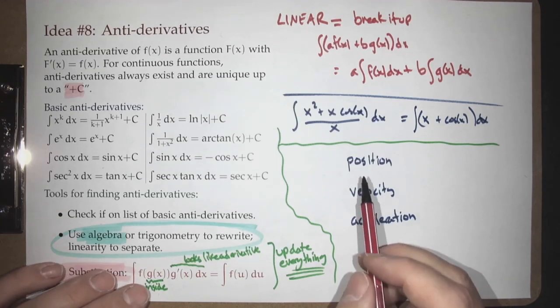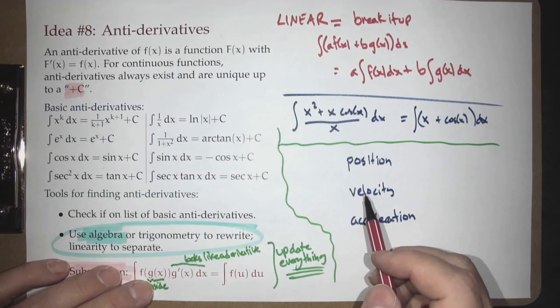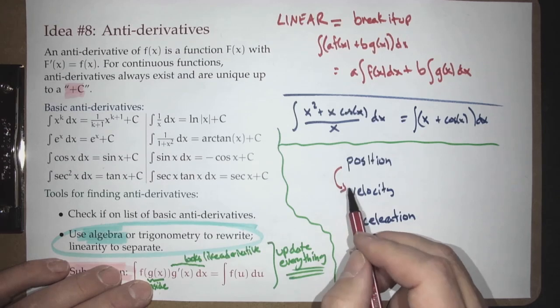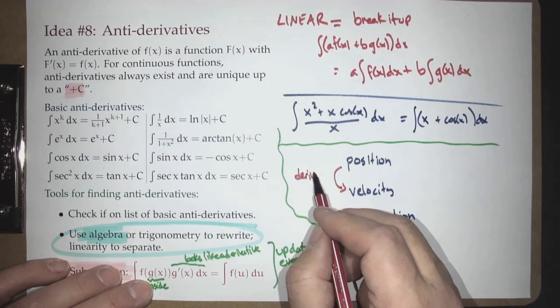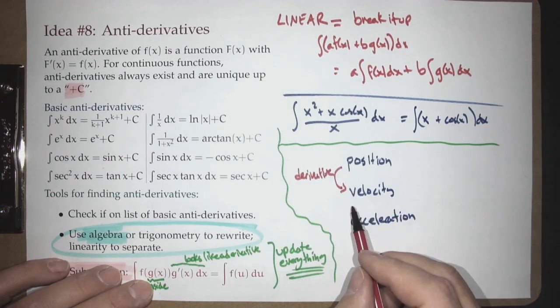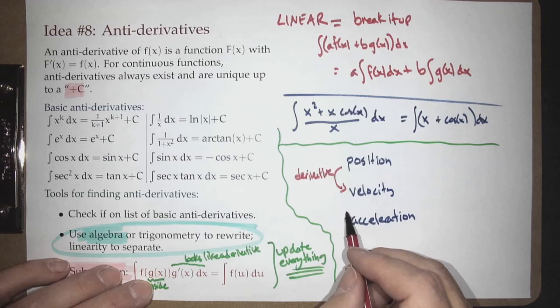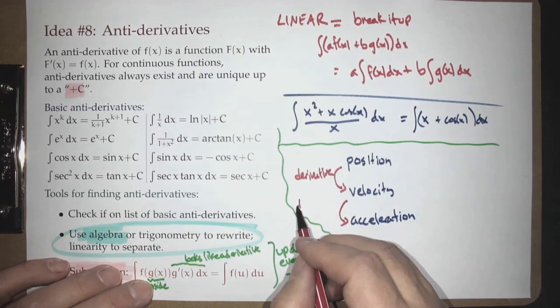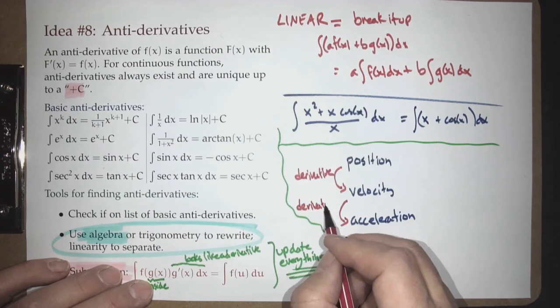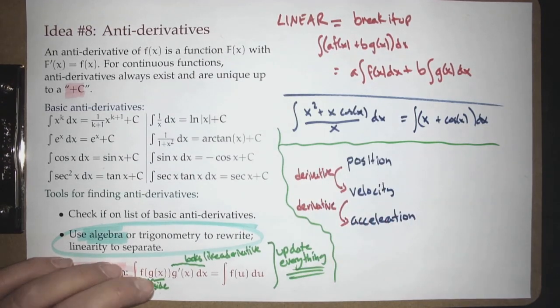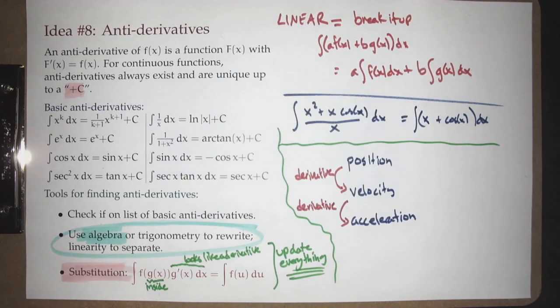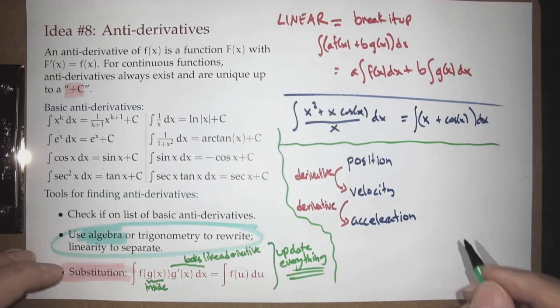So how does one get from position to velocity? Take a derivative. How do you get from velocity to acceleration? Take a derivative. I might say, how do you get from position to acceleration? Take 2 derivatives, right?